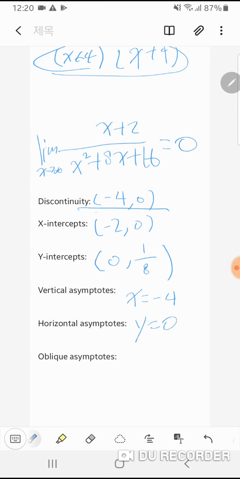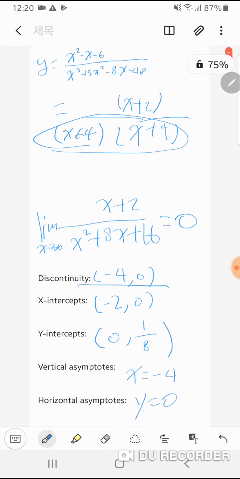Y equals 0. And then our oblique asymptote: we actually don't have an oblique asymptote here because the degree of the numerator is not 1 degree greater than the denominator.